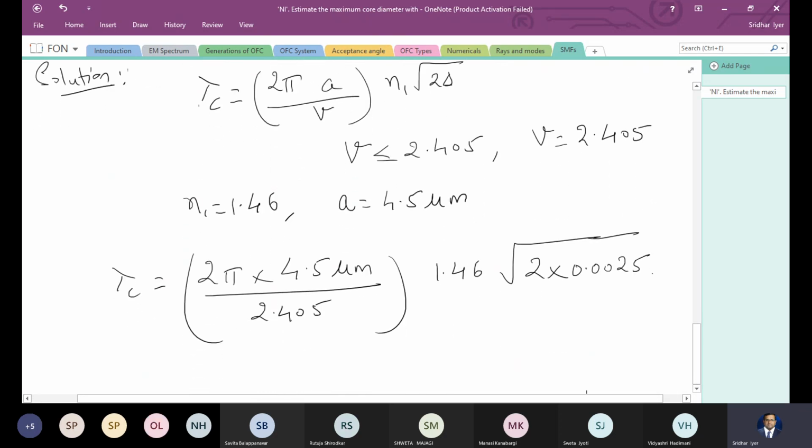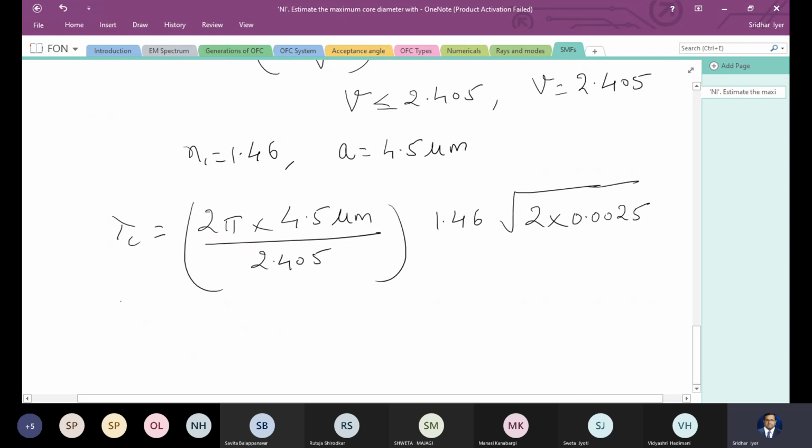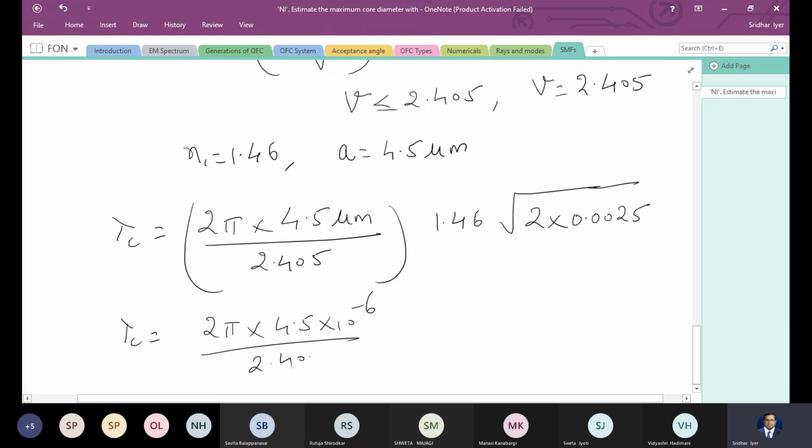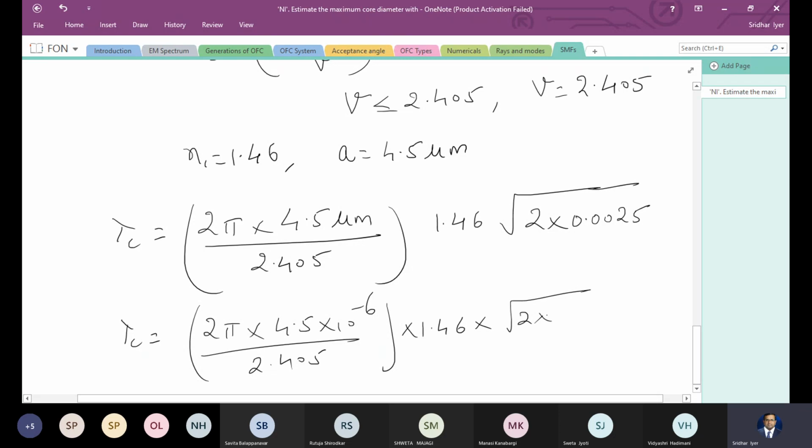So we have all the values here. If you use the calculator, you'll be able to find the value. Here you'll have to be careful. You have 2 pi into 4.5 micrometer, so 10 raised to minus 6, divided by 2.405 into 1.46 into square root of 2 into 0.0025.